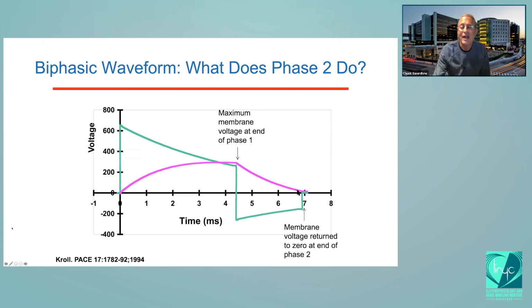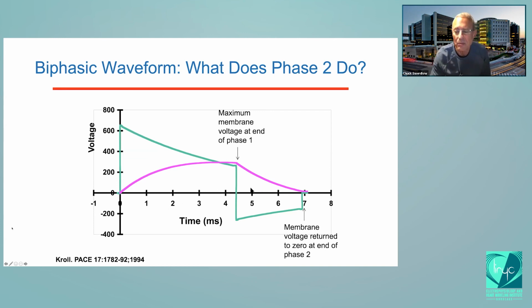And exactly how you do that and the math behind estimating this was worked out by several people, including Mark Kroll in the 1990s. And it predicts that, for example, the most efficient waveforms for very big capacitors should have shorter phase 2s, for smaller capacitors that work faster, longer phase 2s.